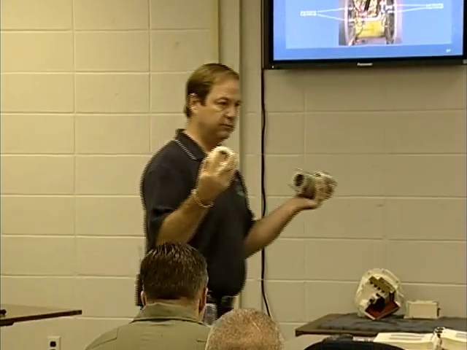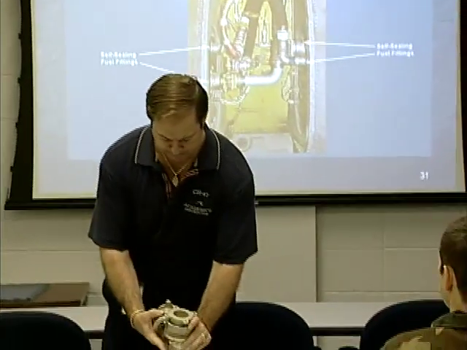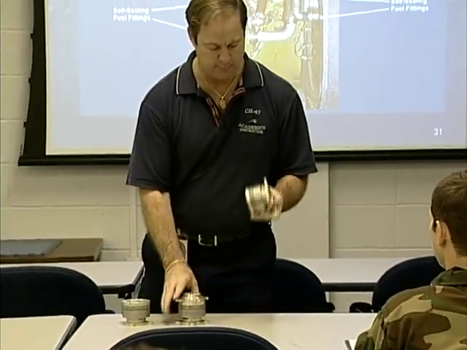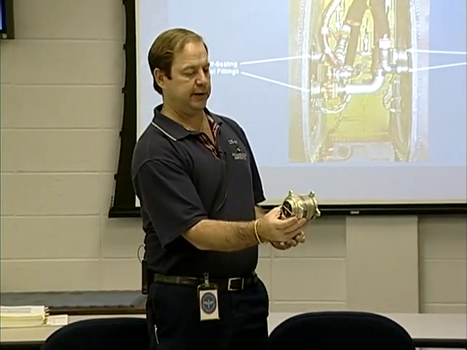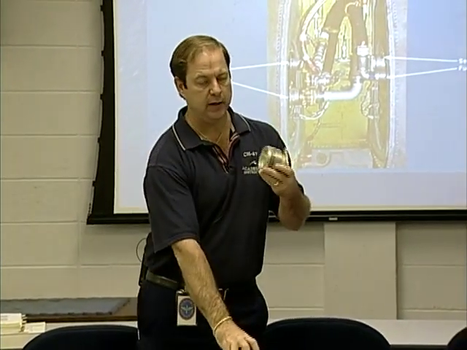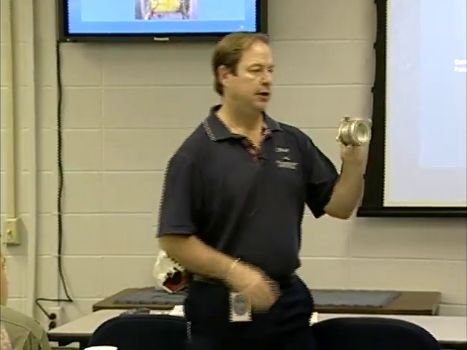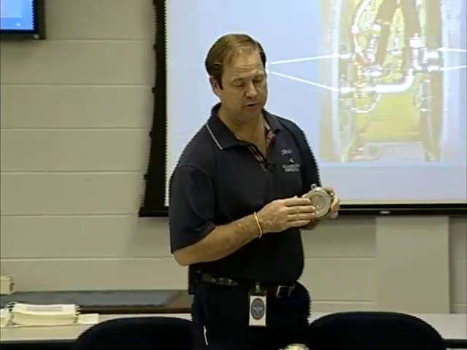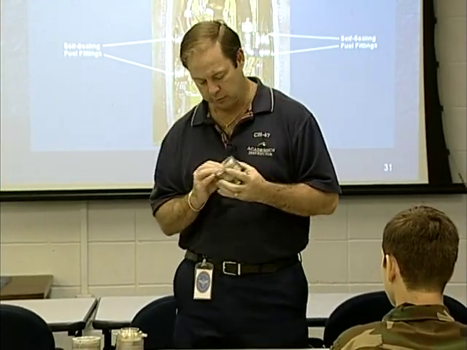Here are those breakaway fittings. Okay? And what happens is we have a fitting that looks just like this, and what you have is your female end and you have your male end. And this is just one type, but the basis is pretty much the same. Okay?